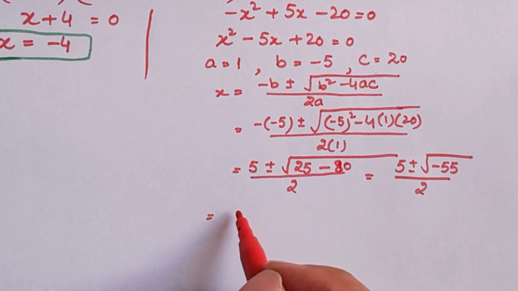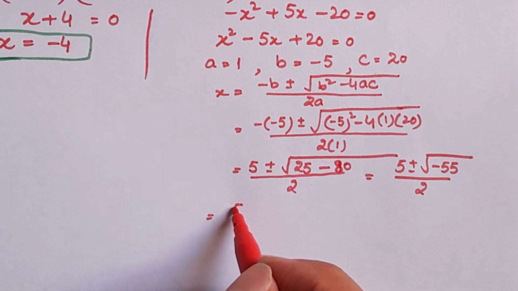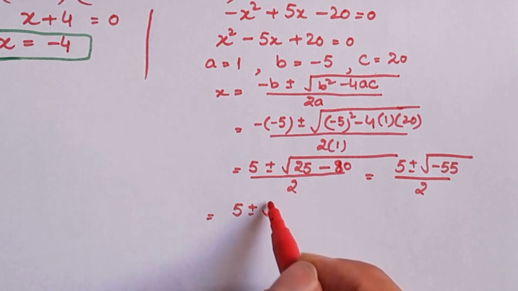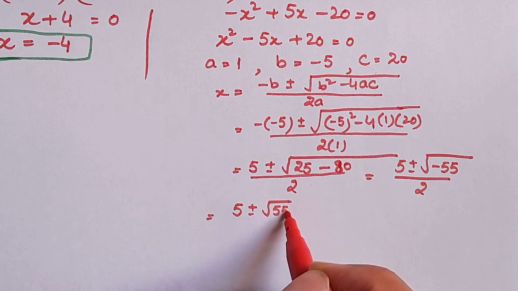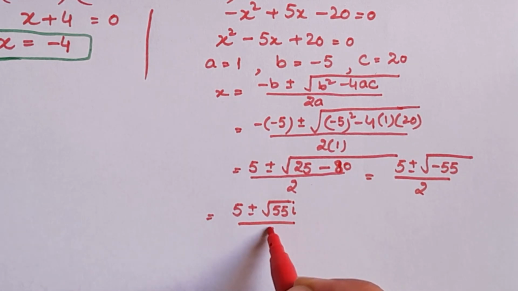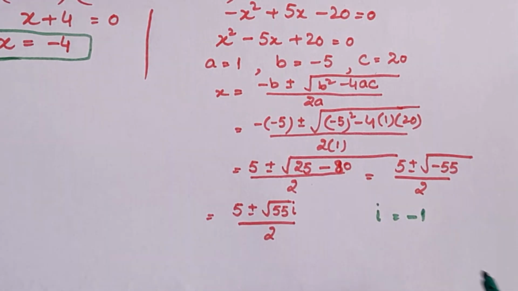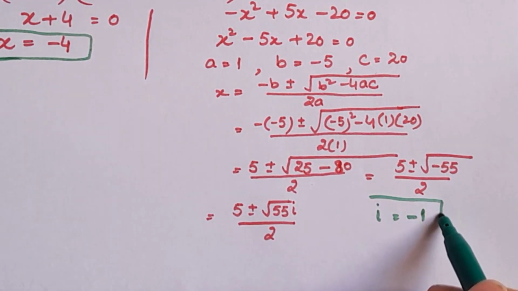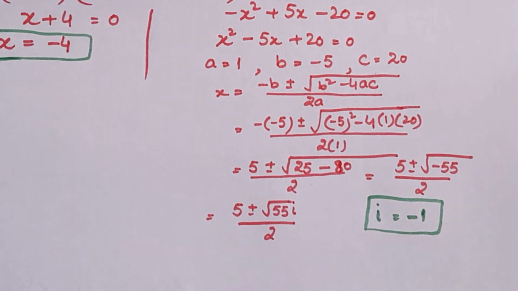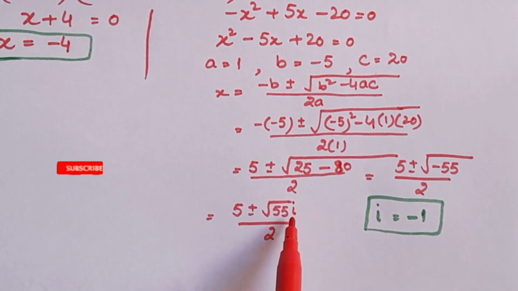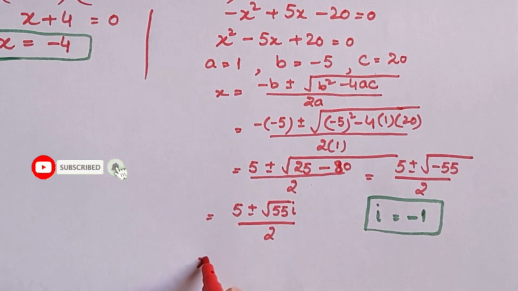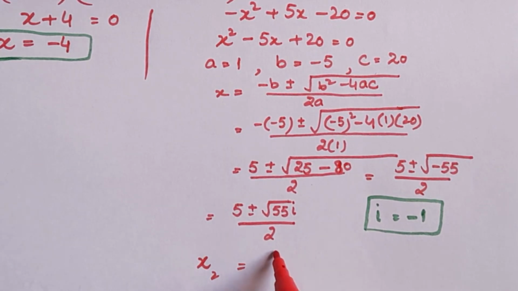We can write this as 5 plus minus square root 55 iota divided by 2, because iota is equal to square root of -1. It means that for square root -55 we write square root 55 iota. We got two values of x from this case.